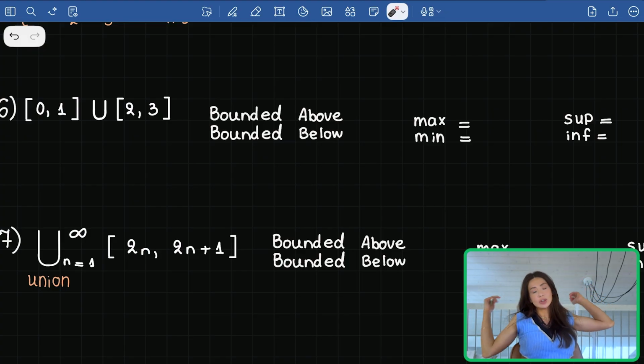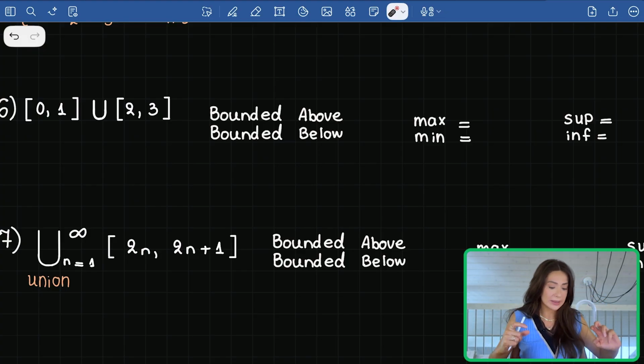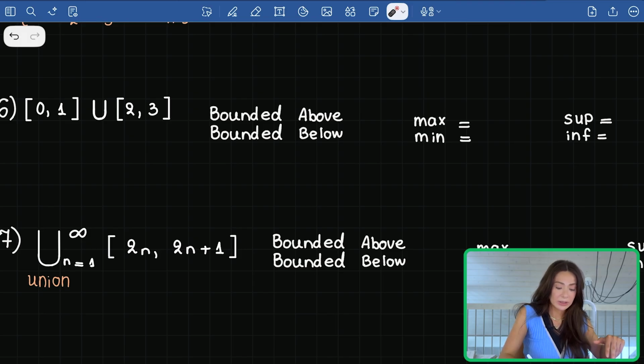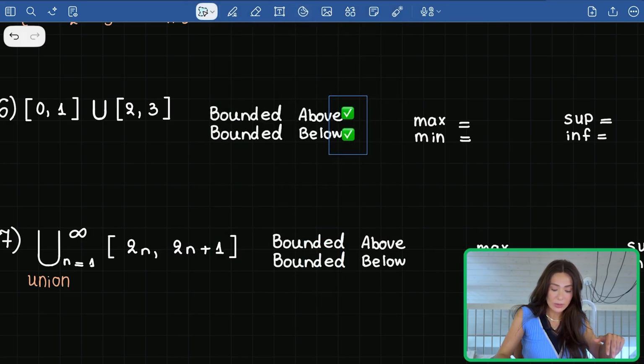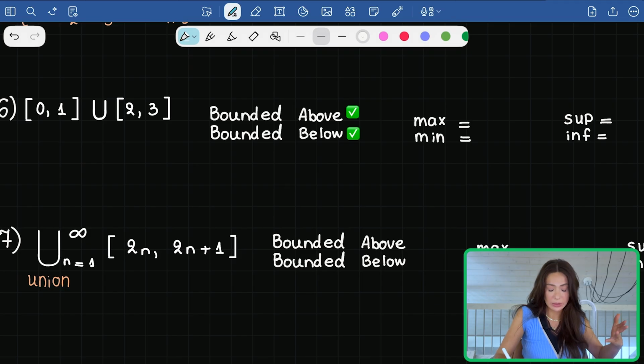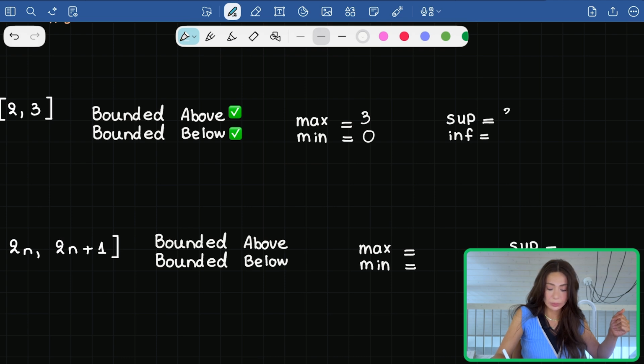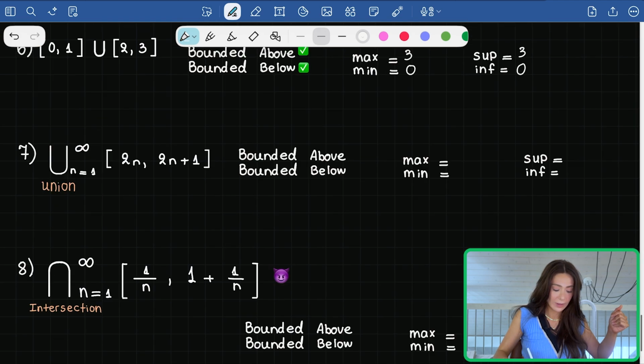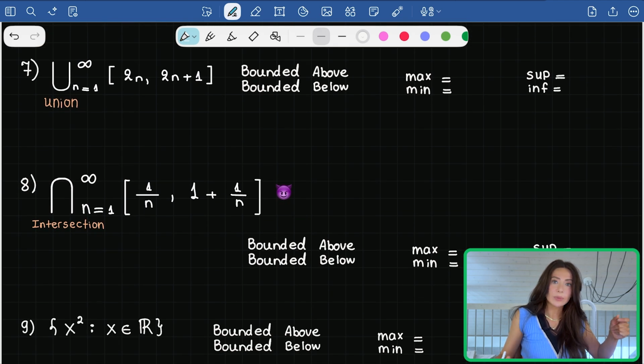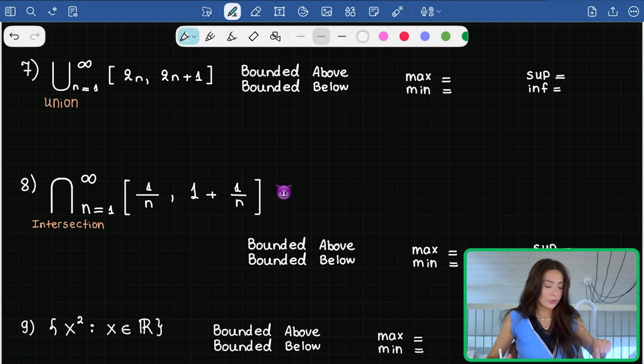Okay, 6 is pretty easy. It's a union of 2 disjoint intervals, 0 to 1, 2 to 3. And they're clearly bounded above and below. Min and max exist because there are square brackets everywhere. When you see that, you have min and max, and therefore you have sup and inf. Okay, here in 7, we have a union of intervals. It starts from 2, so it is bounded below by 2.